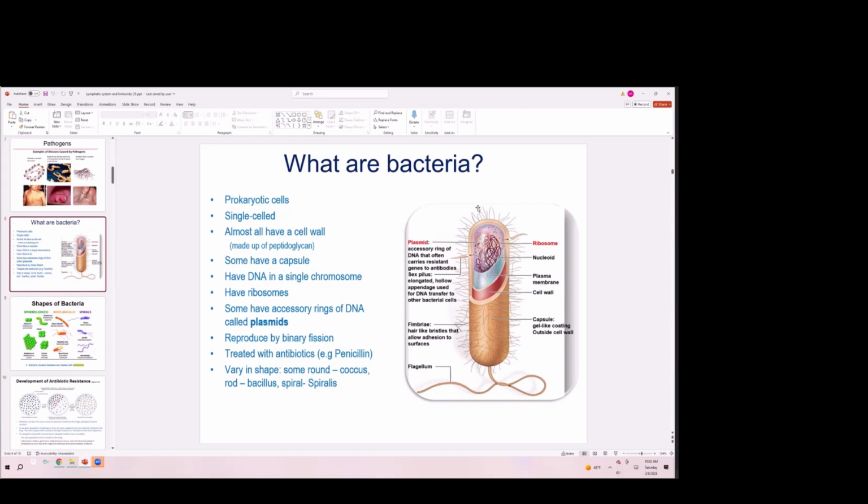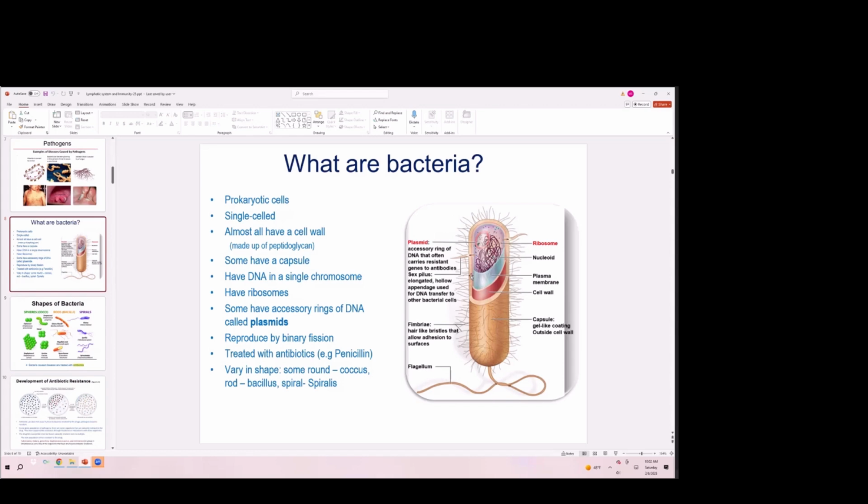In terms of their nucleic acid, yes, they have DNA, but unlike in our cells, their DNA is not surrounded by a membrane. It's just inside.